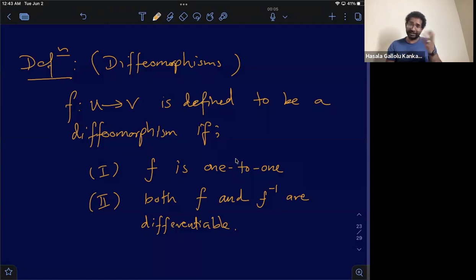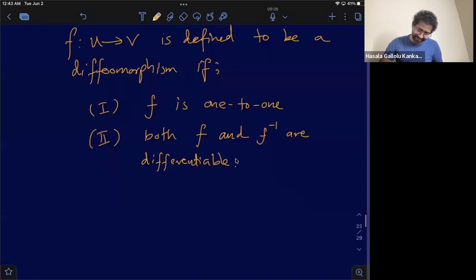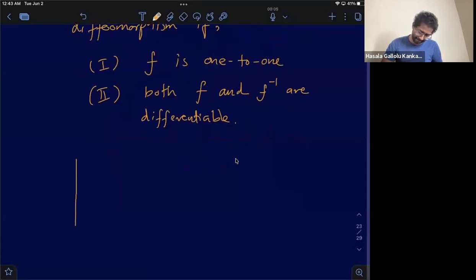Or x square, right? Y equals x square. x square is not the best example, because when you try to invert it, you're going to have a little bit of trouble with the square root. But x cube defines a very well behaved function from R to R. This is a very simple example.